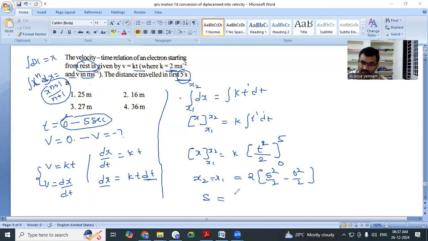S is equal to 2 into 5 squared by 2, 25 by 2. 0 squared by 2 is nothing but 0, so I am eliminating that. The 2 gets cancelled. Therefore, displacement is equal to 25 meters. So the first option is correct.